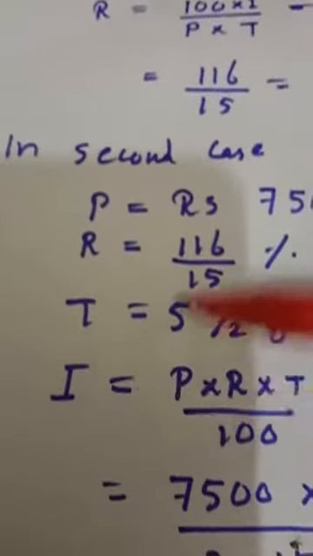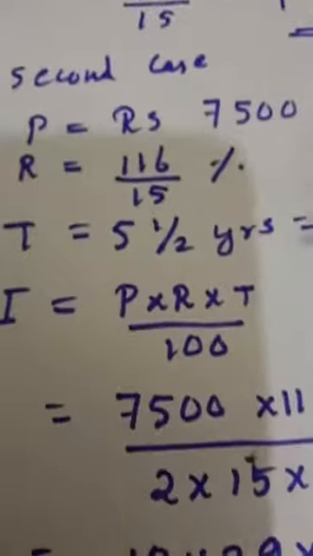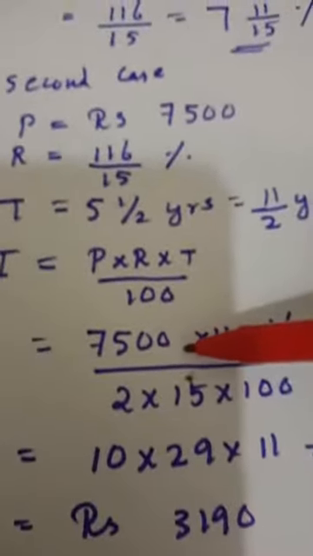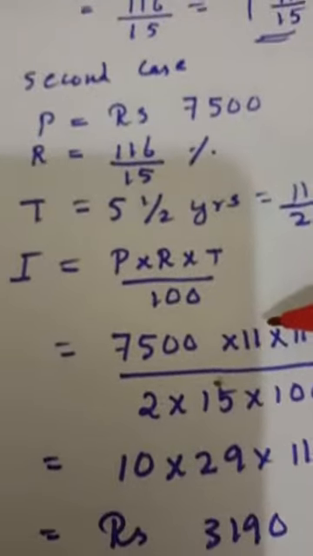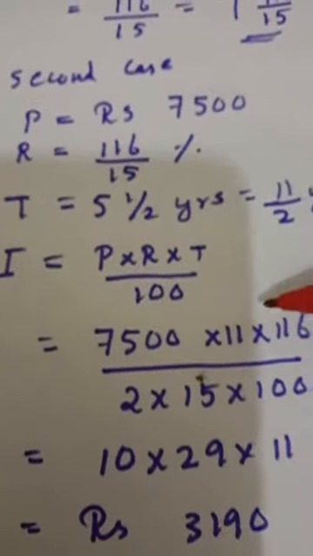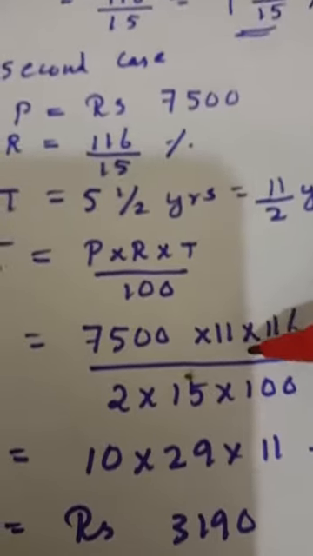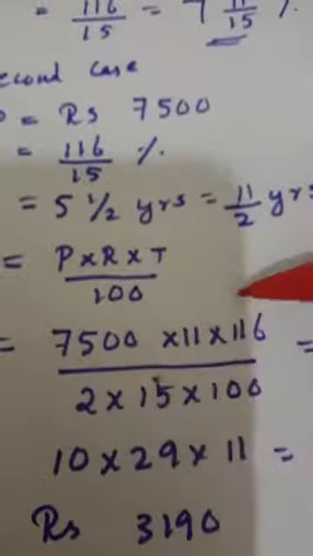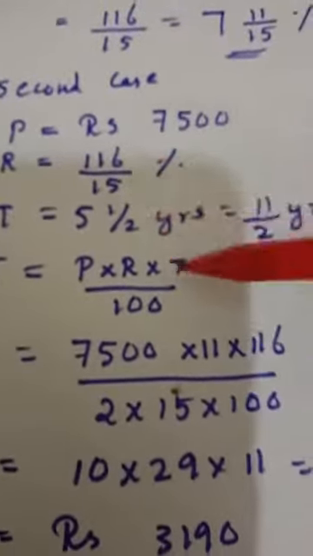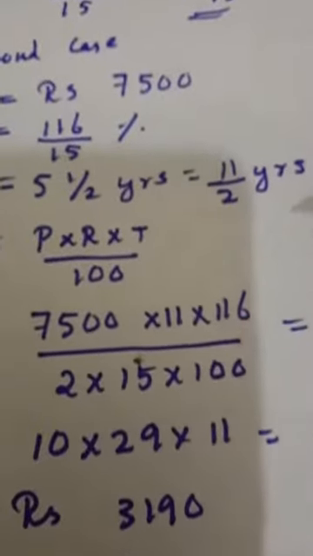What is the formula for finding interest? PRT by 100. So P is equal to 7500 into 11 by 2 years, so 11 in numerator and 2 in denominator, then 116 by 15, 116 in numerator and 15 in denominator.